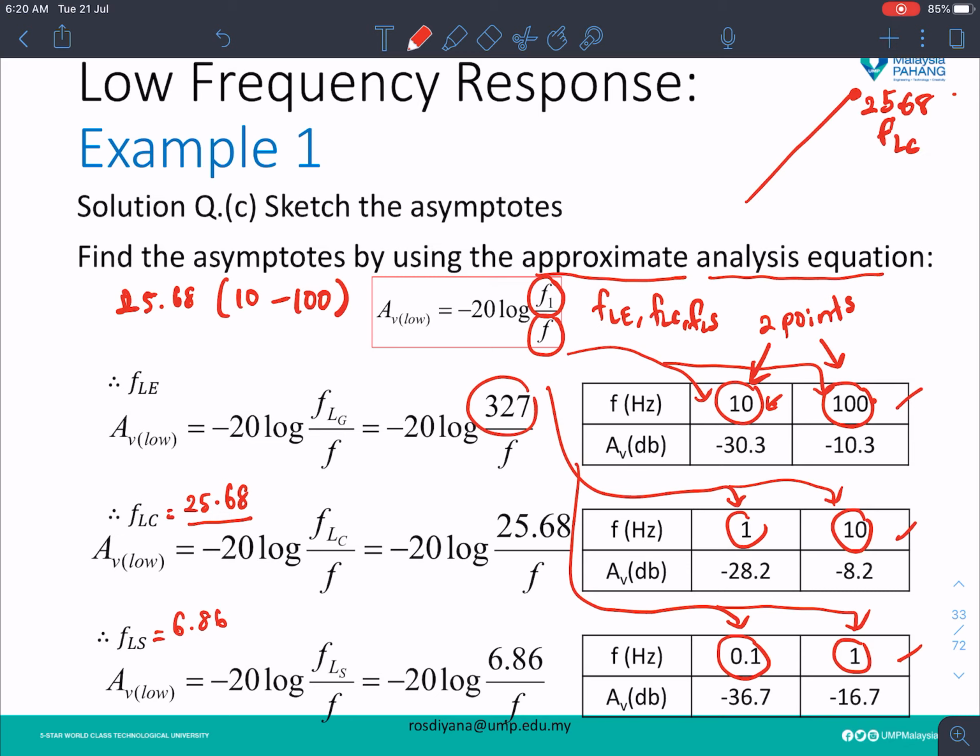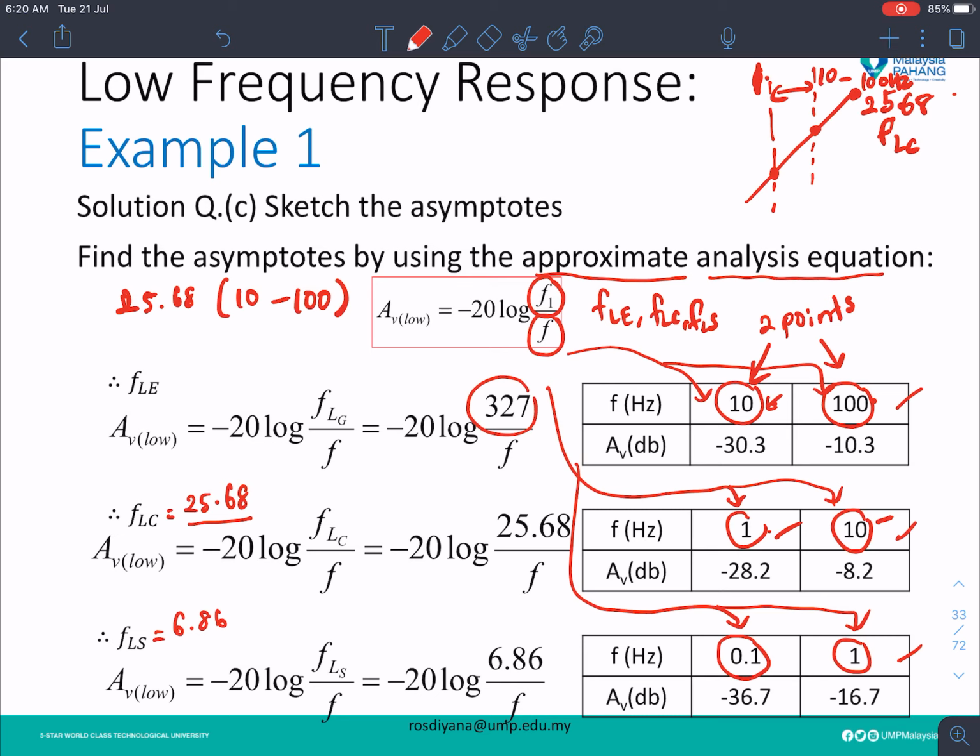Then to get another point here, we take a decade, so 25.68 is at 10 to 100 Hertz. So here is 10, and this is 1 to 10, the range. So we take another point in front of it, and we get 1 and 10.